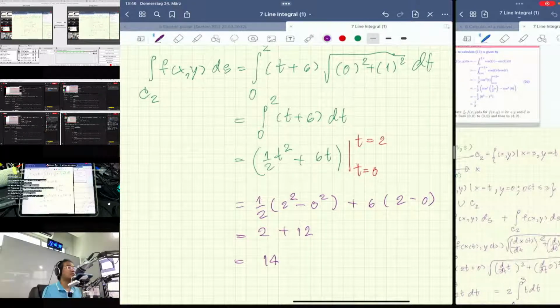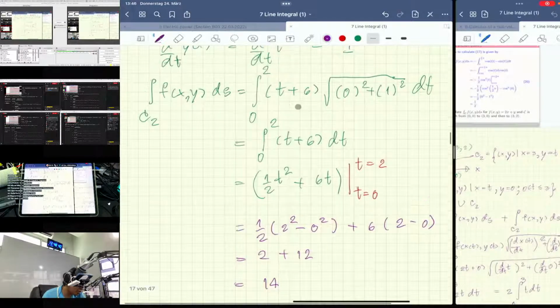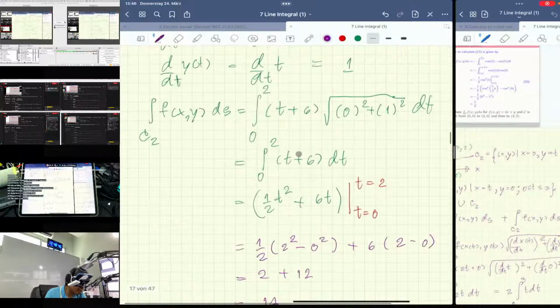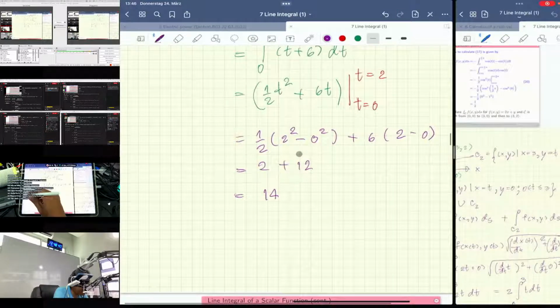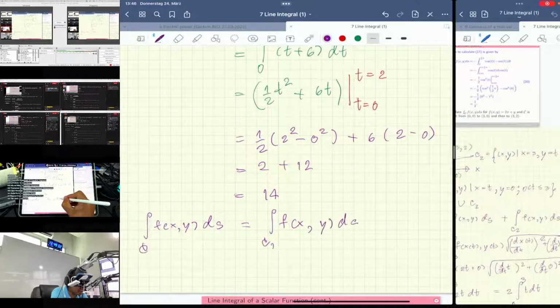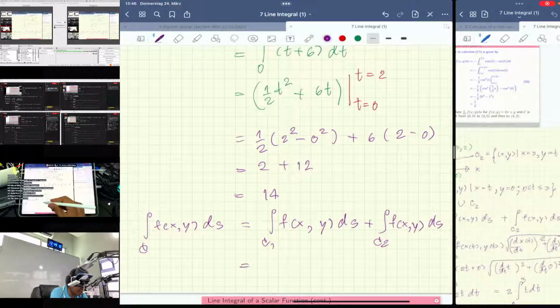You need to combine it with the first curve, which gave you number 9. Okay, and yeah, the integration along the curve C of f(x,y) ds will be decomposed into the first curve C1 f(x,y) ds plus the second curve C2 f(x,y) ds, and it's going to be 9 plus 12, and that's 21.